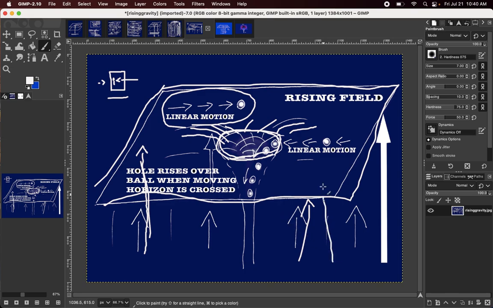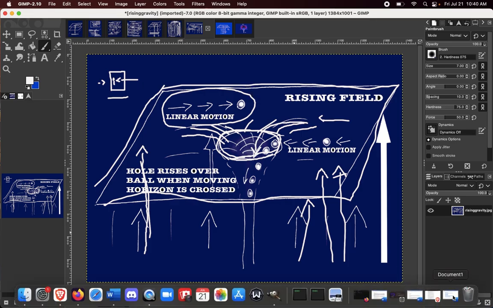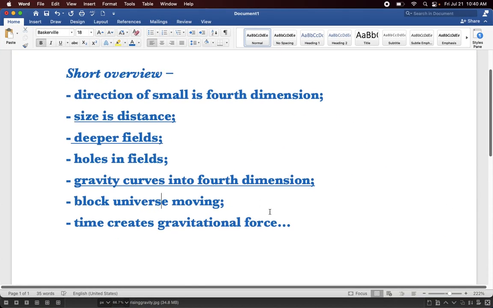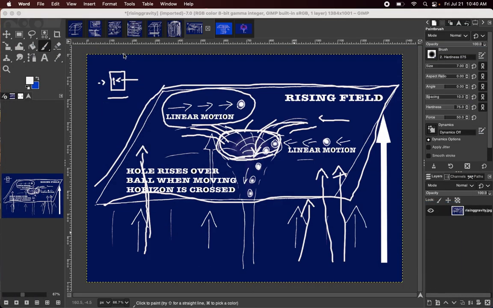Well, what it actually means is that the spatial field of our universe is moving in a fundamentally fourth direction, and things moving through linear space will curve inward until they're blocked. I won't get into that in too much detail, but that's what I call the unification of gravity and time. Time creates what we think of as the gravitational force, along with the curvature of space.